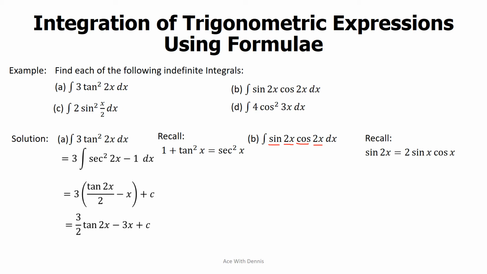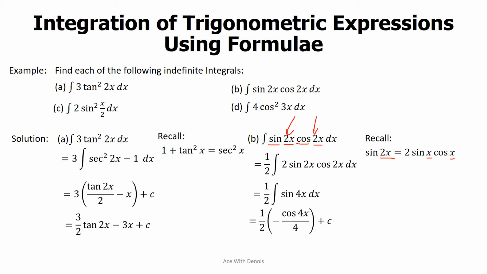So, from this formula, if this is x, this is 2x, and what we have is 2x, then we get half integration of 2 sine 2x cosine 2x dx, which becomes half integration of sine 4x dx. So from here, when we integrate sine 4x, we get negative cosine 4x over 4, and when we simplify this expression, we get negative 1 over 8 cosine 4x plus c.